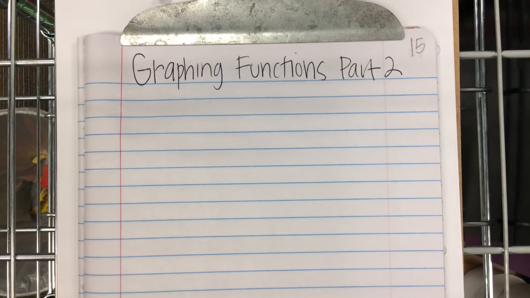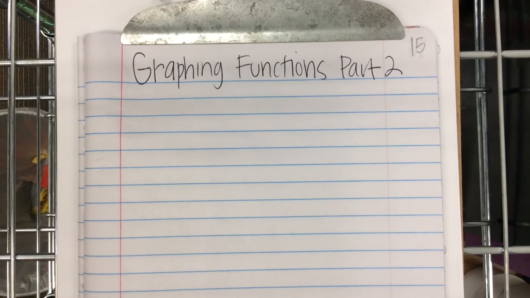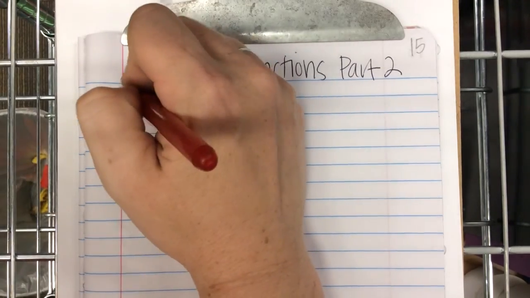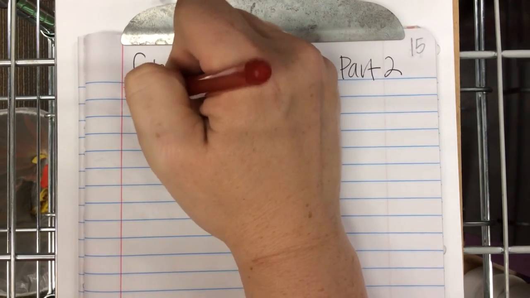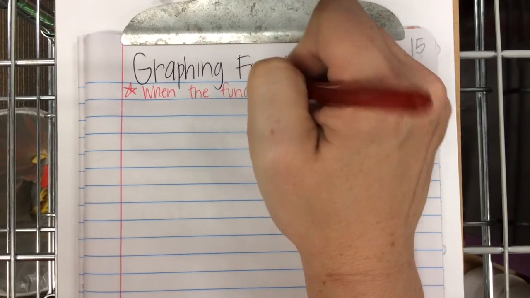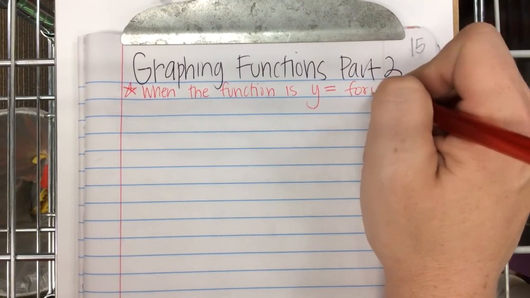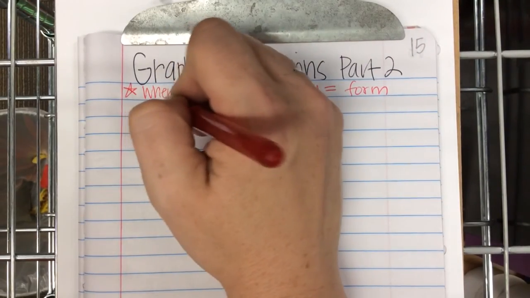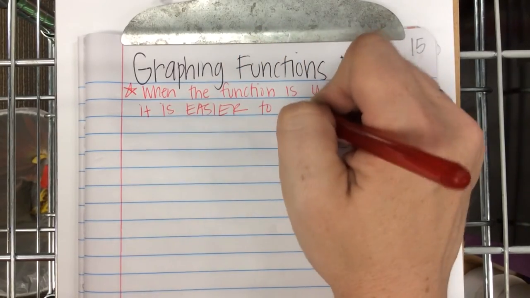We're actually graphing functions. So, graphing functions part 2. And we're maybe going to need to use what we learned yesterday today, because when the function is in y equals form, it is easier to graph.